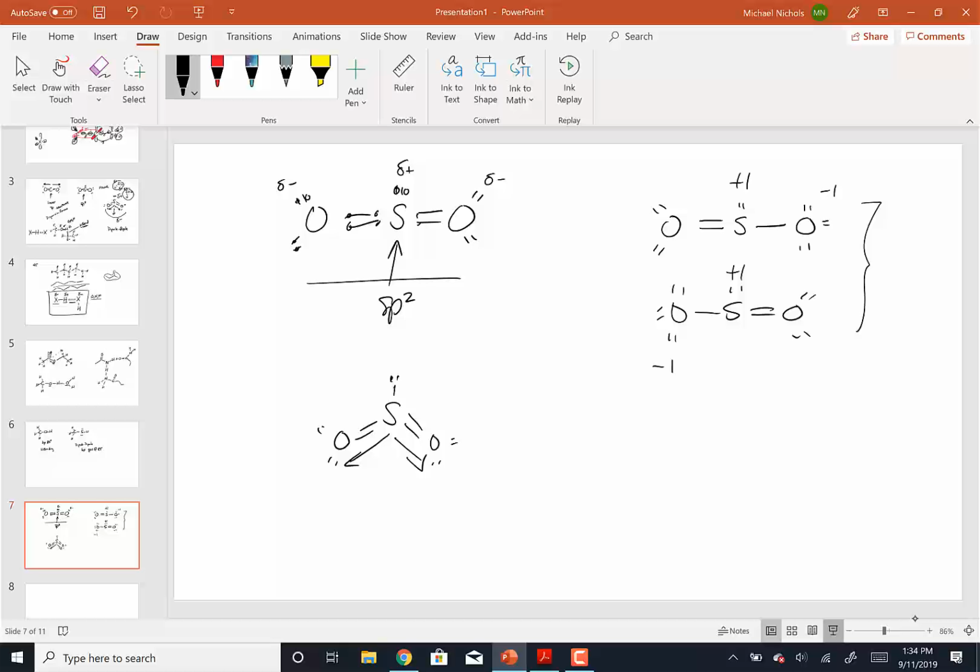You don't. You only put them in for the bonds. Because here's what happens. The resulting bond dipole is going to be the vector sum of those 2 arrows. But if you don't like that, basically this part of the molecule is going to be delta minus, and this part of the molecule is going to be delta plus, because the delta minus is where the oxygens are.